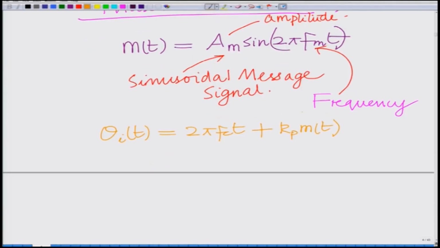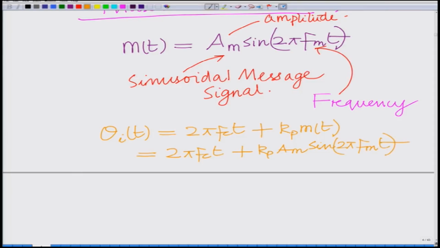But we have m(t) is A_m sin 2 pi f_m t. So, this is simply your 2 pi f_c t plus k_p A_m sin 2 pi f_m t.